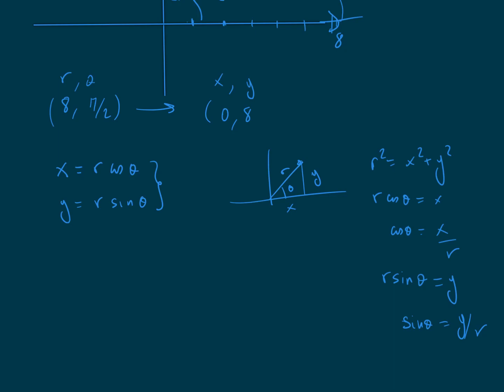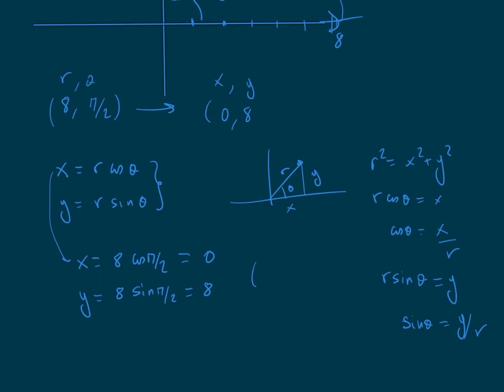Let's put it in. The x will be r, so using this equation, 8 cosine of pi divided by 2. Cosine of pi divided by 2 is 0, so 8 times 0 is 0. And the y is 8 sine of pi divided by 2, so 8 times 1 is 8.